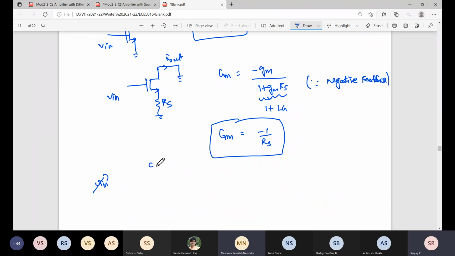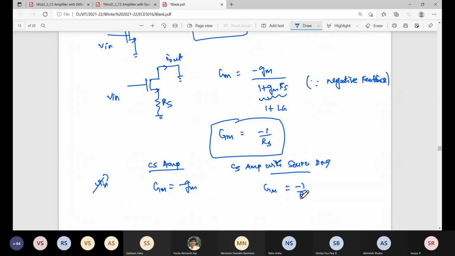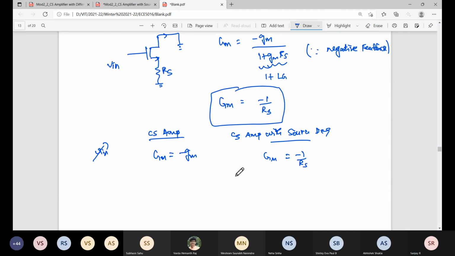In a common source amplifier, Gm equal to minus gm; the common source amplifier with feedback means source degeneration, Gm equal to minus 1 by Rs. If we vary the input, which one is stable, here or here, choice A or choice B? Where will Gm be much more constant?